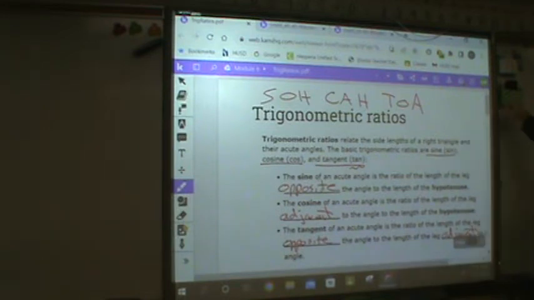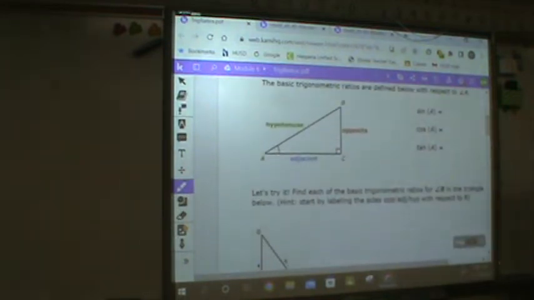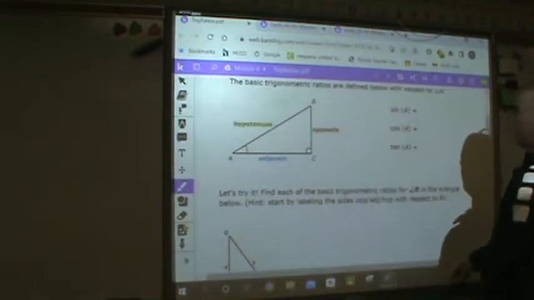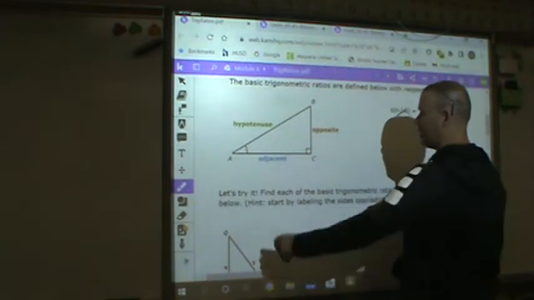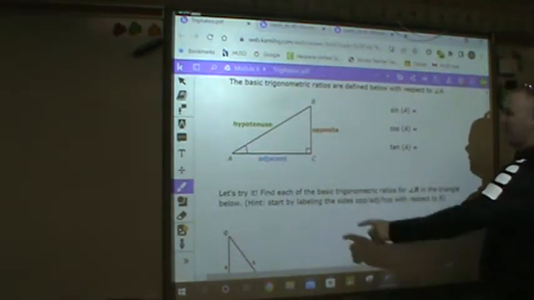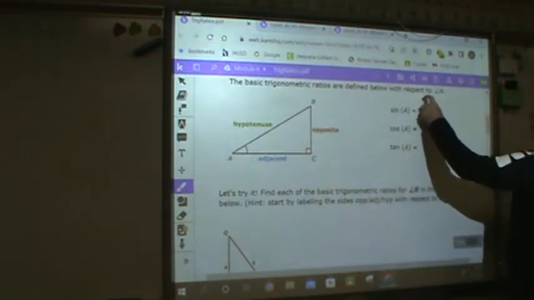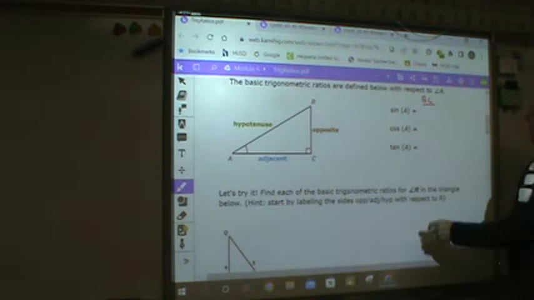Whenever you see O or A, it's referring to a leg. Obviously H is hypotenuse. The basic trig ratios are defined below with respect to angle A. So think of angle A as a starting point. BC is opposite. So if we want to create the sine of angle A, we're going to go BC, because BC doesn't have a number. Usually there would be a number there.